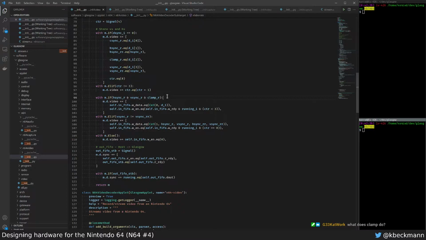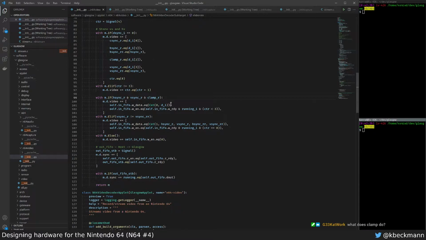The problem is that the Glasgow that I'm using, the RevB, actually it's a generic problem, the FIFO interface is not really that fast. It's quite fast, but not super fast because of high-speed USB and so on. I'm able to get a throughput of 40-ish megabytes per second.